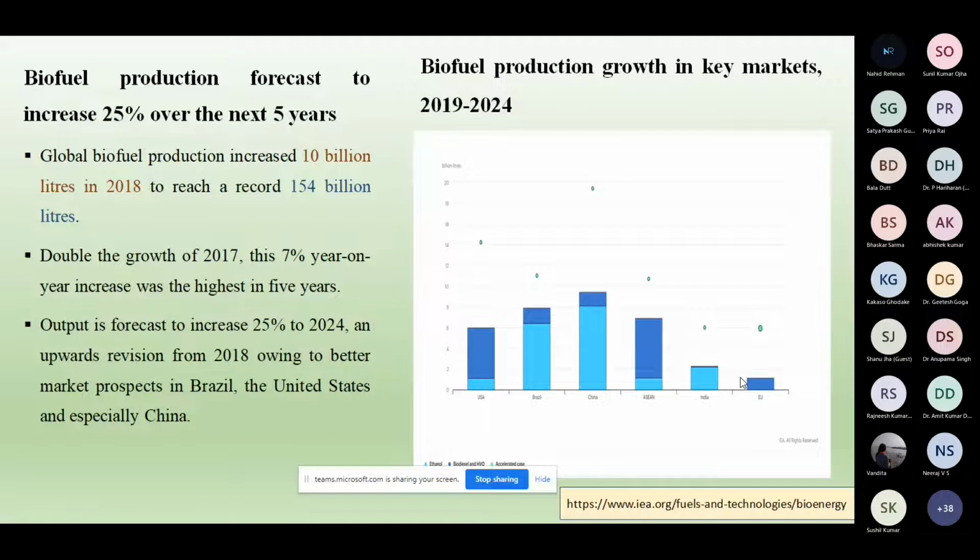So now you understand that global biofuel production increased 10 billion liters in 2018 to reach a record of 154 billion liters. And output is forecast to increase 25% by 2024.